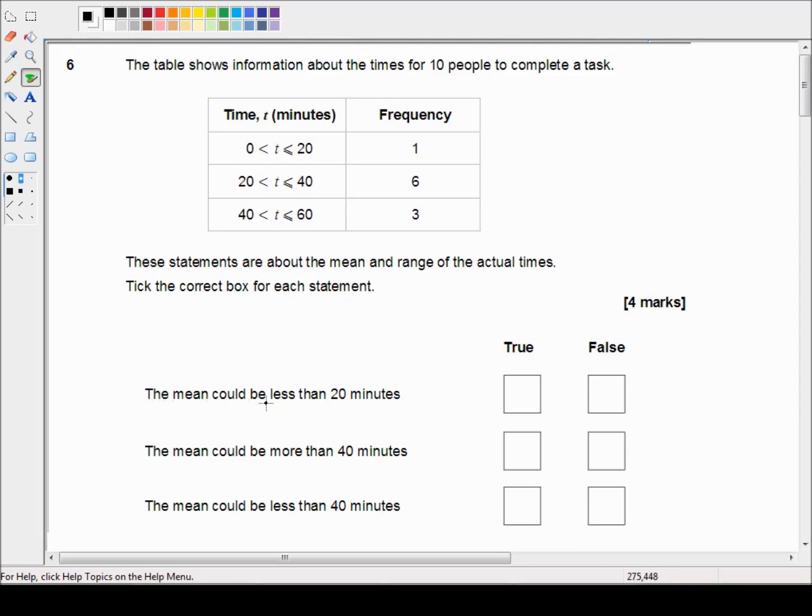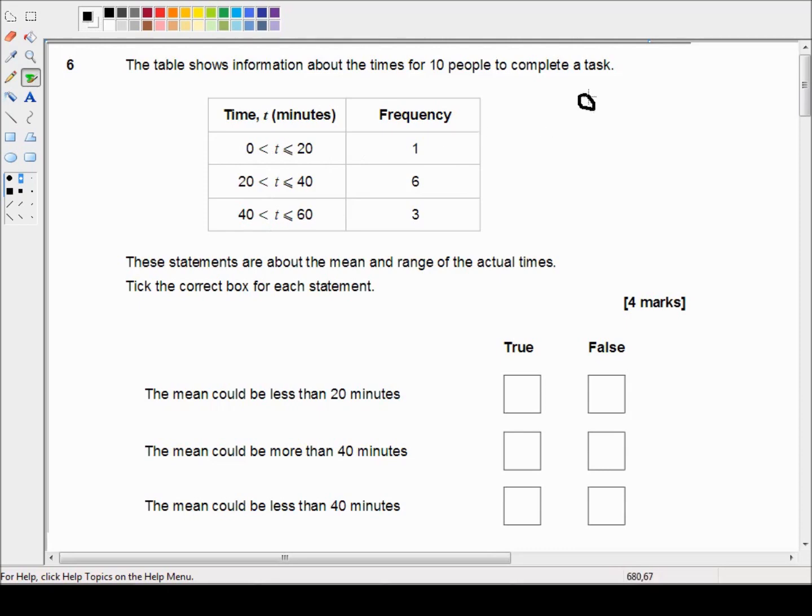Okay, so it says the mean could be less than 20 minutes. The mean is what you get when you add them all up and divide by however many there are. So 1 plus 6 is 7 plus 3, so there's 10 people. The minimum amount of time it took person 1 is 0 minutes. It could have taken a fraction of a second.